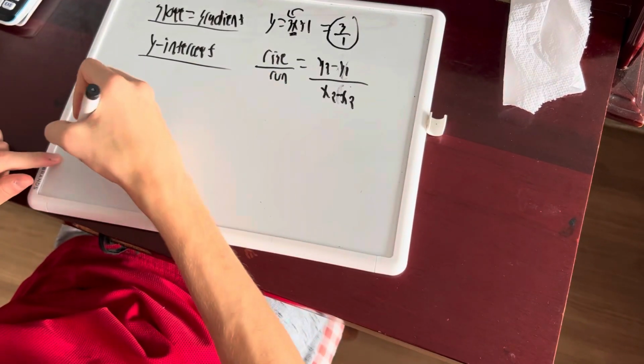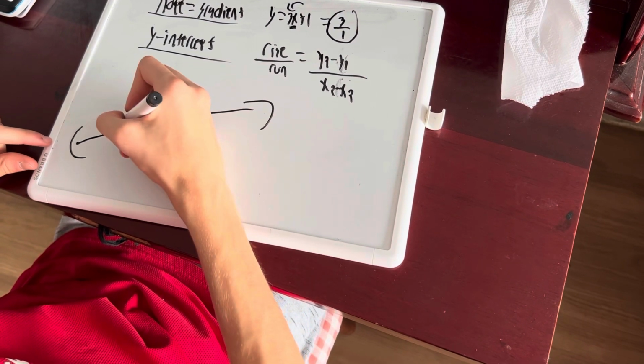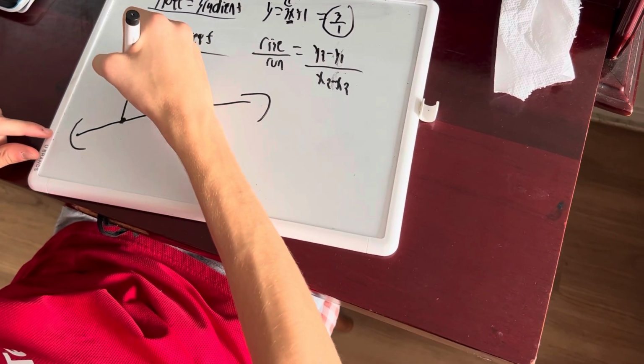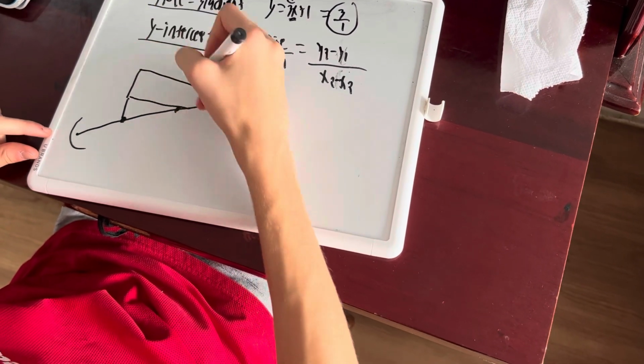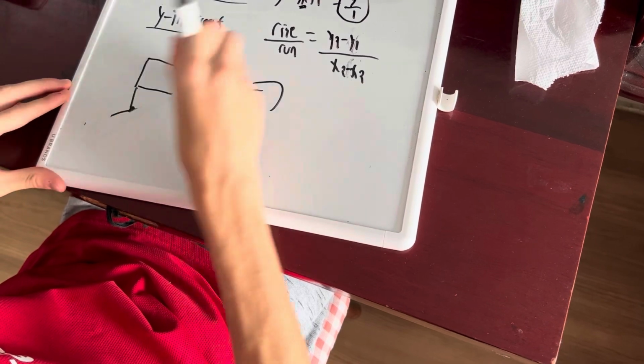So if you have a linear graph, our slope would be up 3 and 1 to the right, following this triangle.